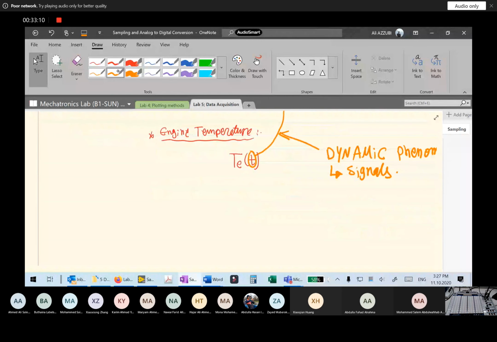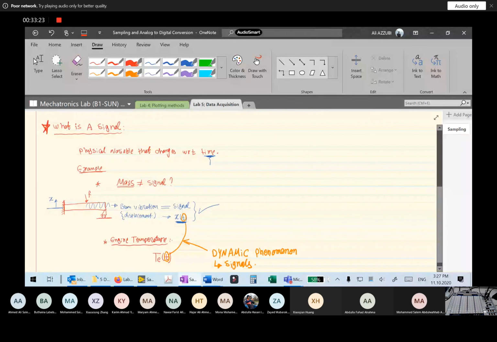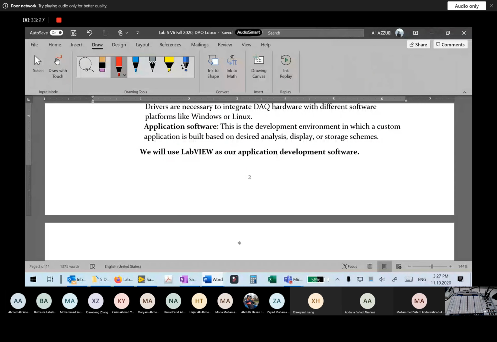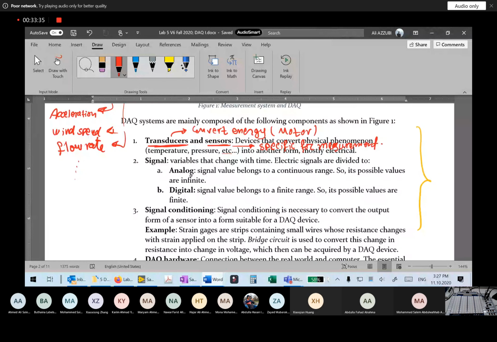Let's put a separator here. Now this is just about a signal. Now signals can be analog and they can be digital.